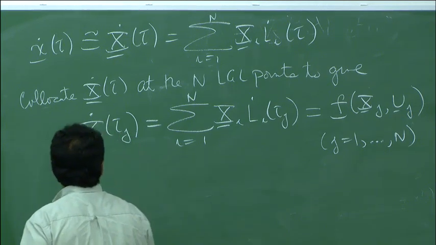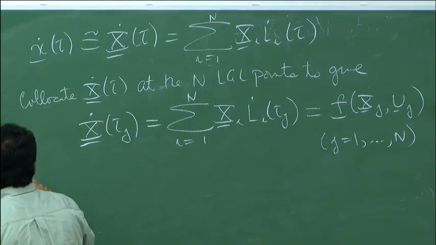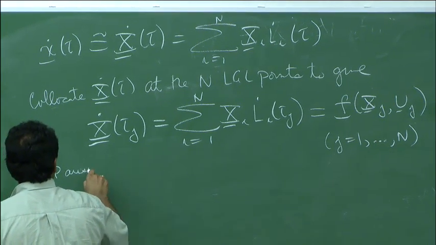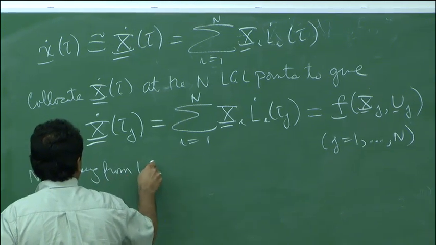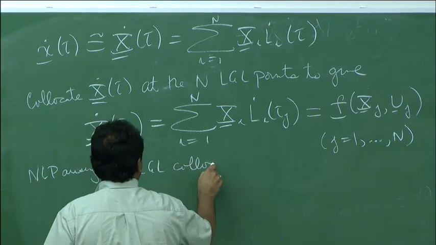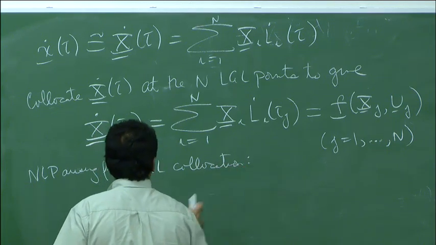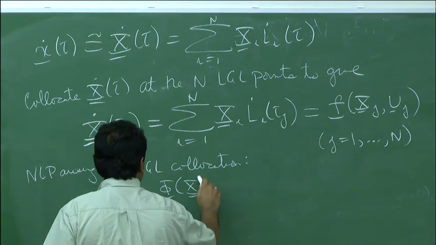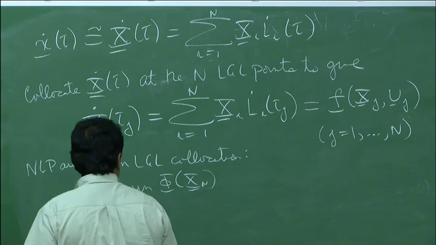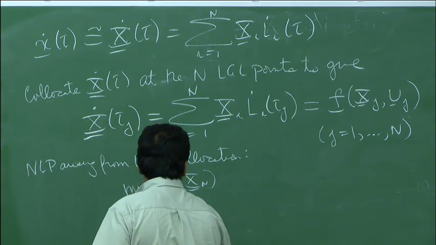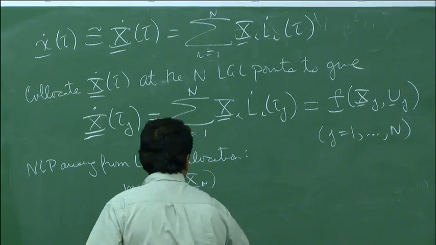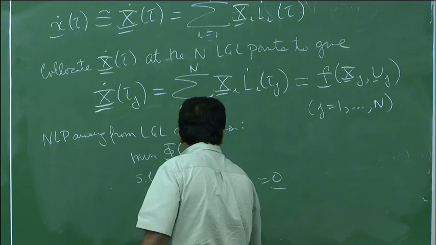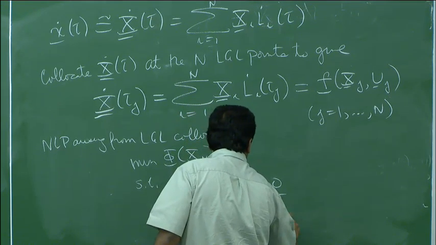Now, the NLP arising from LGL collocation is the following: we're going to minimize phi of x_n subject to the constraints that f_{1:n} minus D x_{1:n} is equal to 0, and x_1 is equal to x_0.